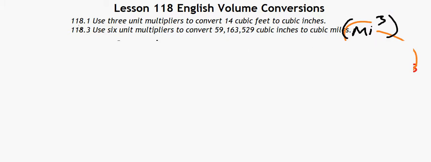Now, why 6 instead of 3? I thought I only needed 3 for volume. That indicates that we need to jump from inches to something else before we get to miles. And that something else is going to be feet again, right? So we're going to need 1 foot over 12 inches. Now, why did I put feet over inches this time instead of the other way around? Because we're starting with inches.